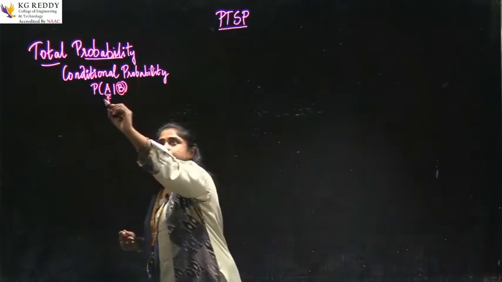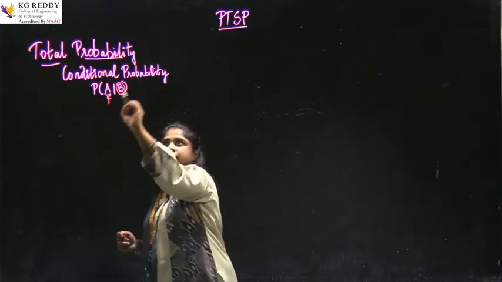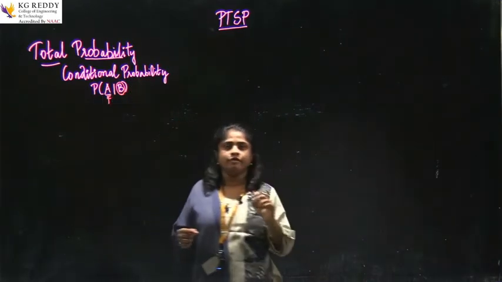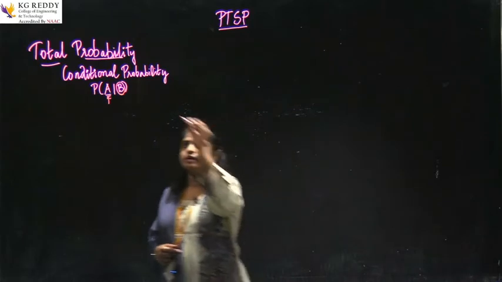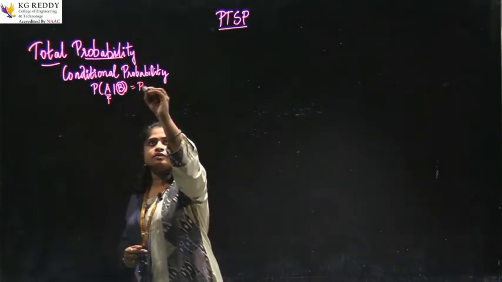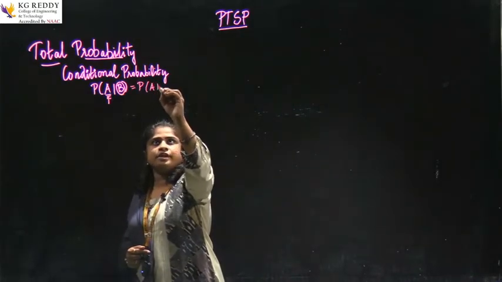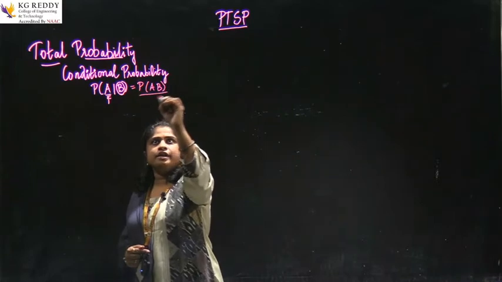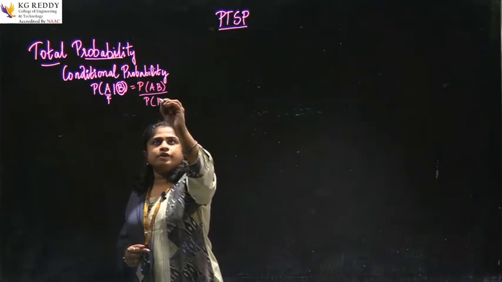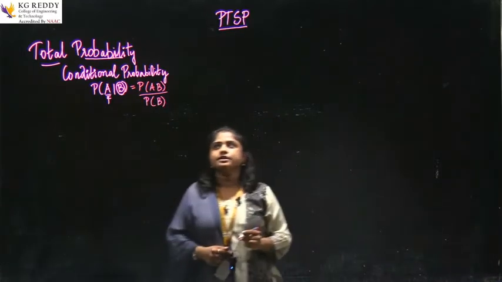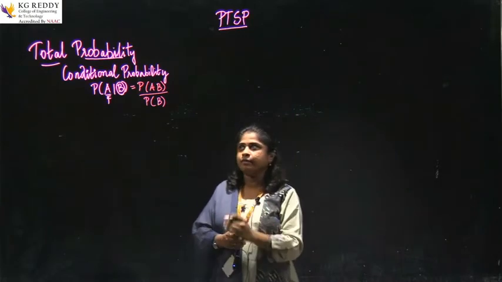So, conditional probability is given by probability of A given B, defined as probability of AB divided by probability of B.